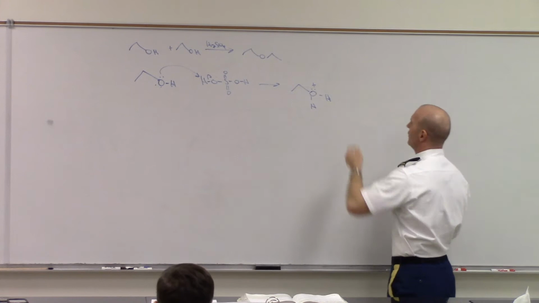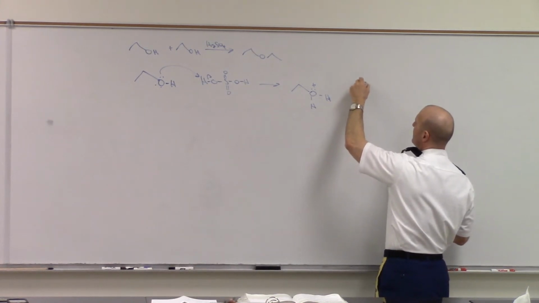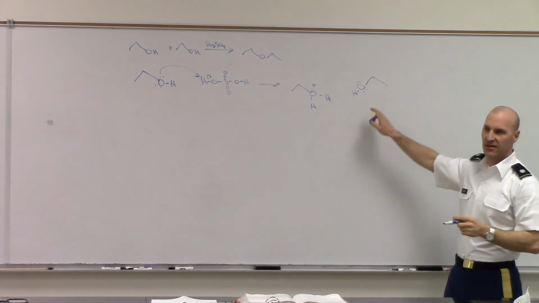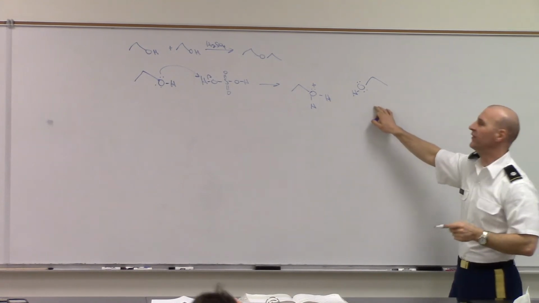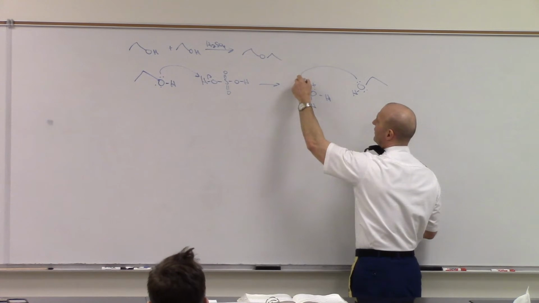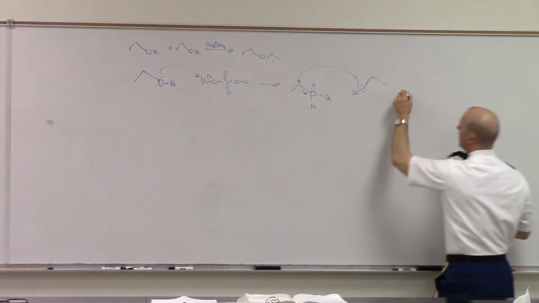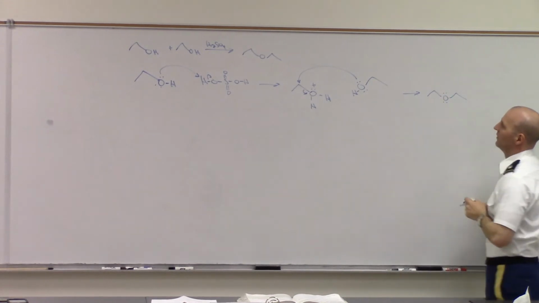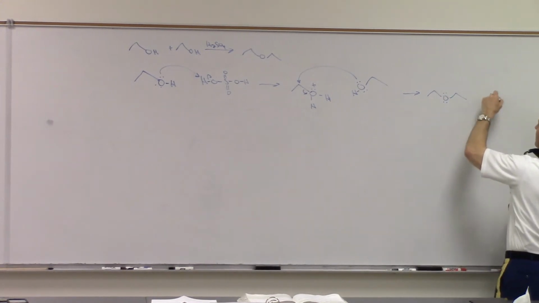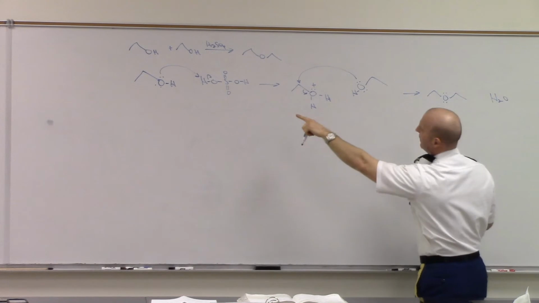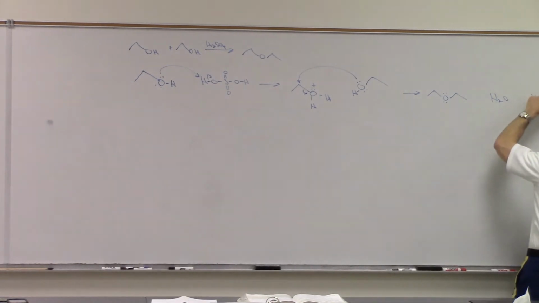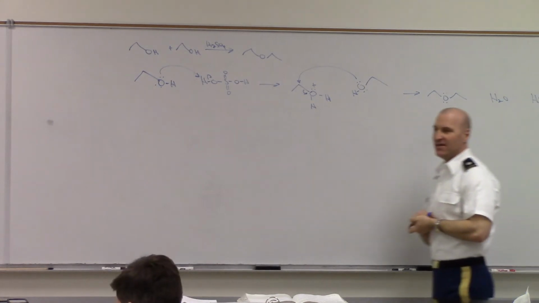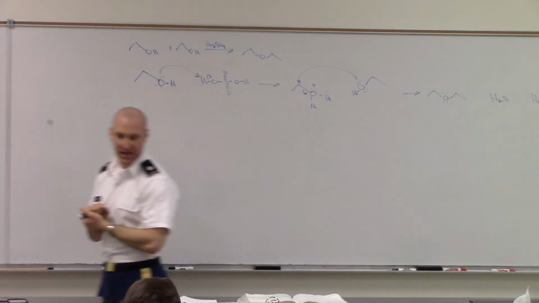Now that we have a good leaving group and there's plenty more alcohols where that came from, the next alcohol, which is a good nucleophile, is going to do a substitution reaction, SN2 type, and we're going to get the ether. That'll kick off and make water. In this step over here, we made HSO4 minus. So that's the easiest way as far as mechanisms go to make an ether.